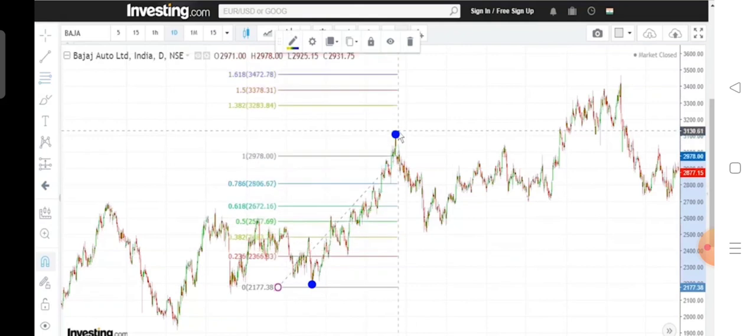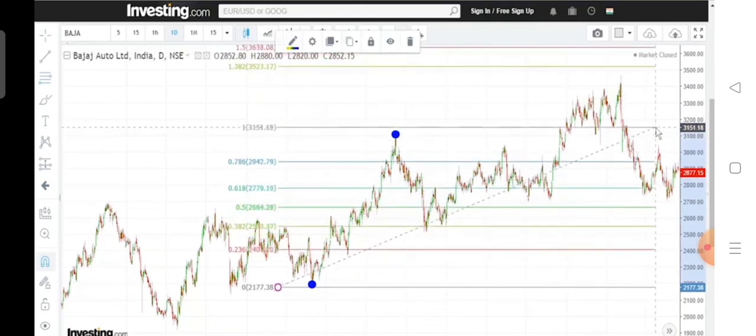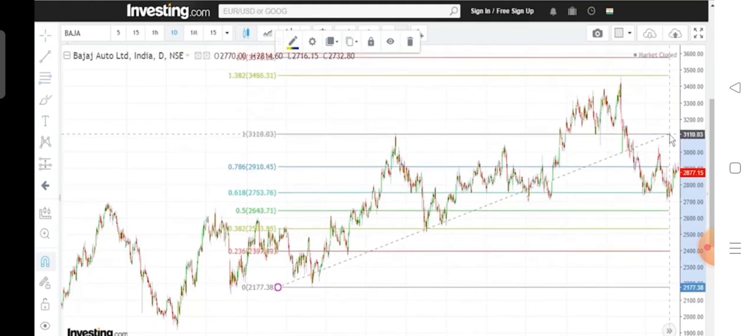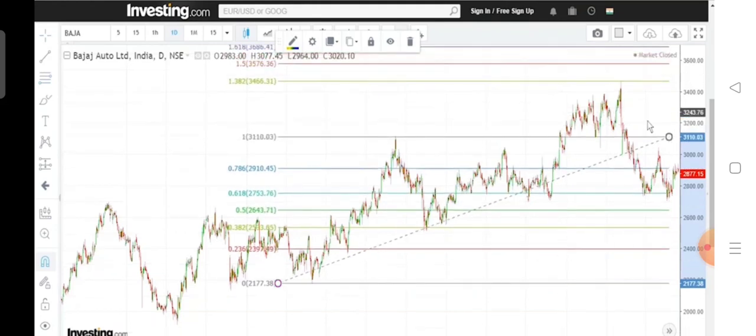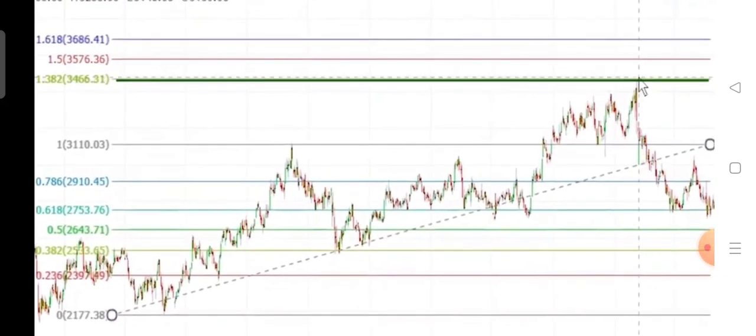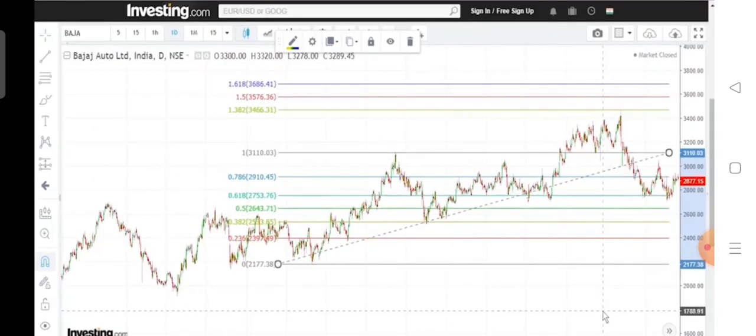Here I am drawing the projection. I am extending it a little bit. See, this up move went to around 1.382 ratio and just corrected from that point.